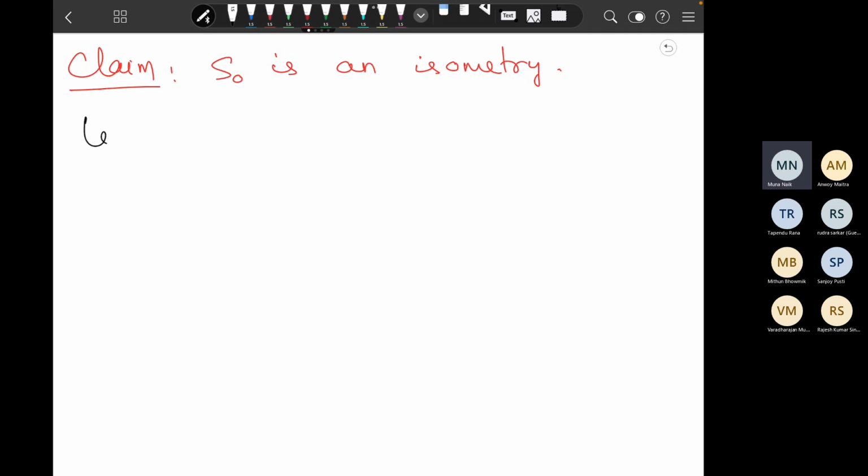So let MS belong to G mod S. And what is MS?